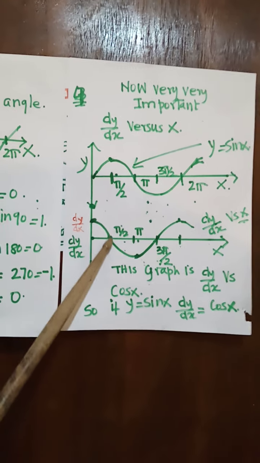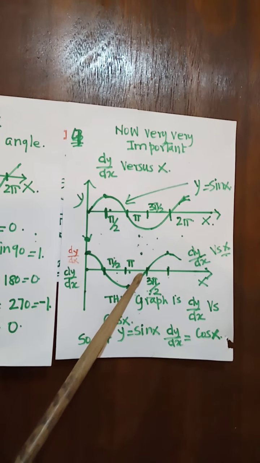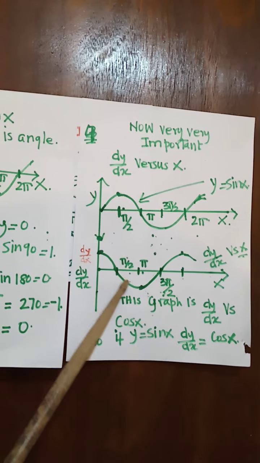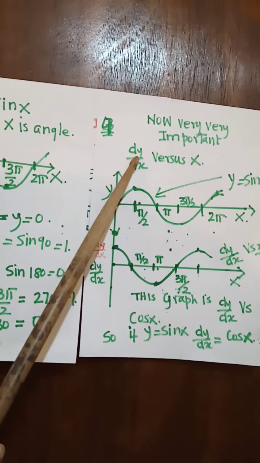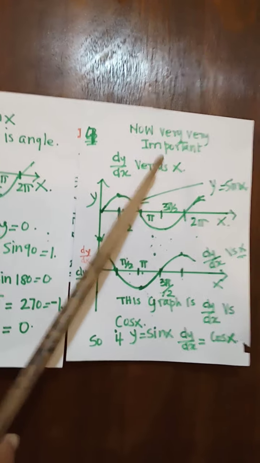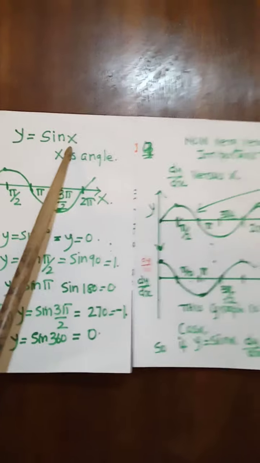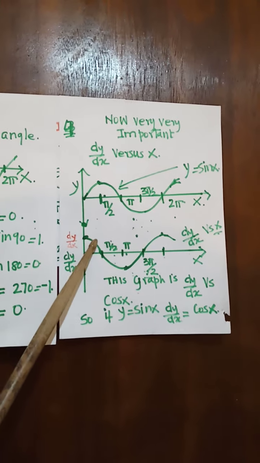See? This one, and it's very important. Do you know what this is? It is the cosine of x. When y is equal to sine x, dy/dx is nothing but the cosine.